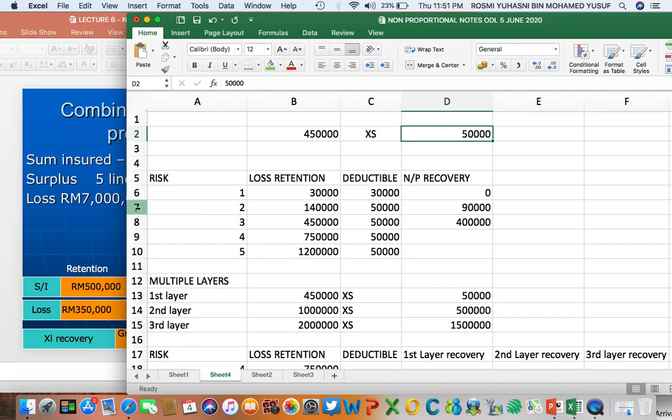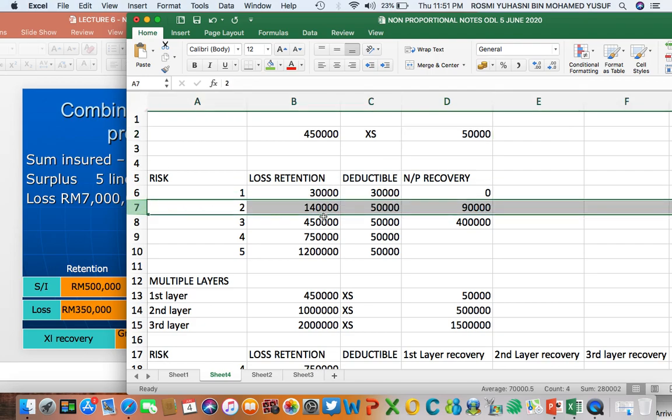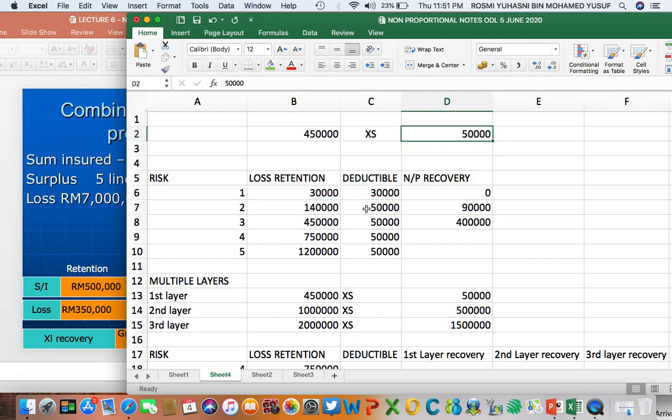For risk number 2, with a loss retention of 140,000, after deduction of the deductible of 50,000, there is a balance of 90,000, and this 90,000 is recovered from the reinsurer because it is within the cover of 450,000. In other words, 90,000 is not more than 450,000.